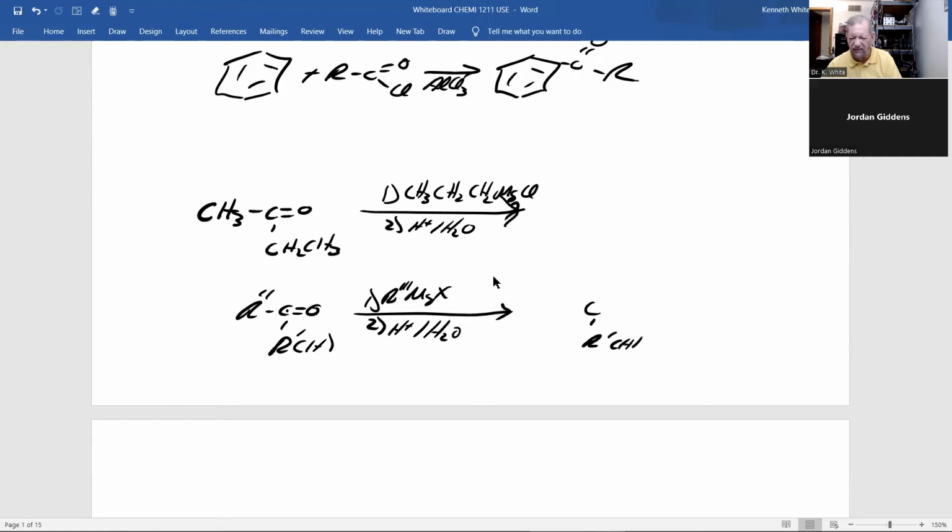R prime or hydrogen. R double prime stays there. It opens up to an alcohol. And from this, you make a carbon-carbon single bond. And remember, X can be chlorine, bromine, or iodine. And it's your turn. What would be the product or products for that reaction? 3 points each.